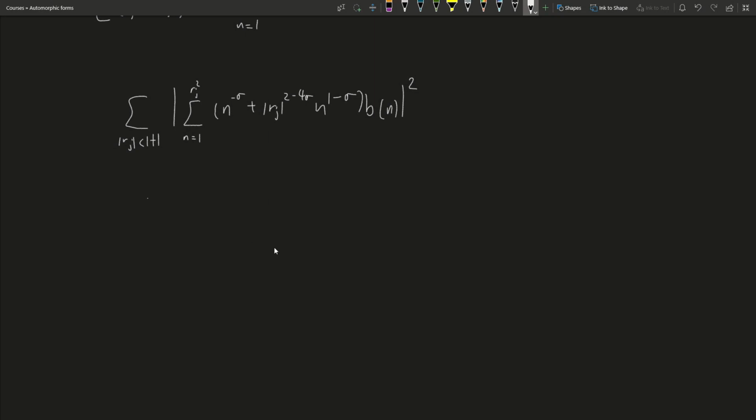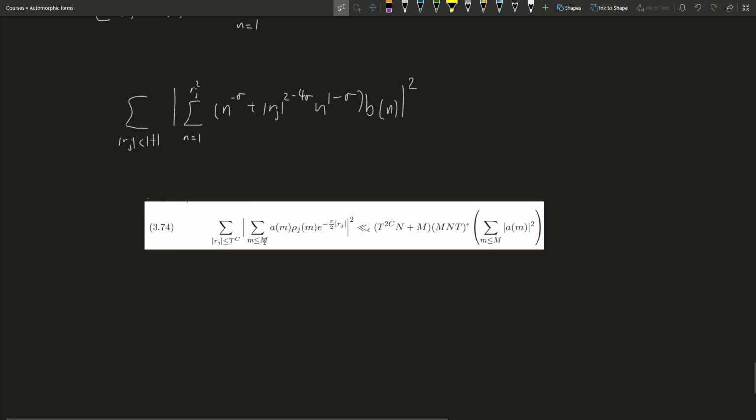So this is again Hoffstein–Lee 2020 arXiv, and you can also see Iwaniec–Kowalski. They say it is theorem 7.24.